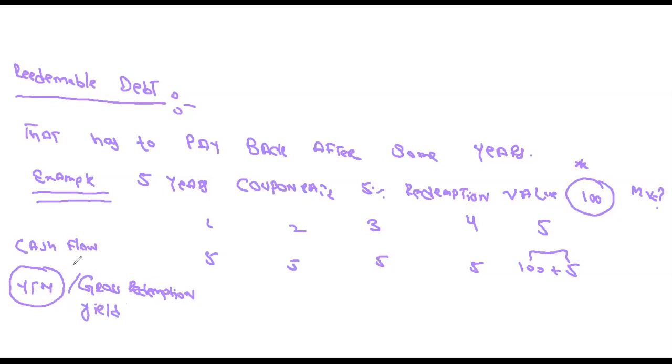YTM is the yield the investor is expecting till maturity. For example, in the question it is given as 10%. So at 10%, we will calculate the discount factor.